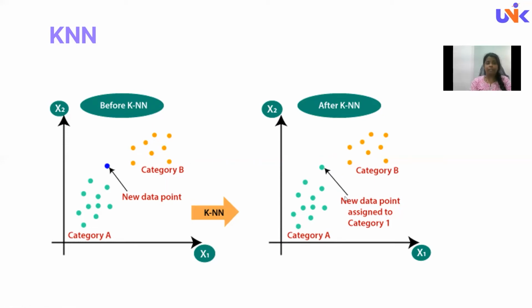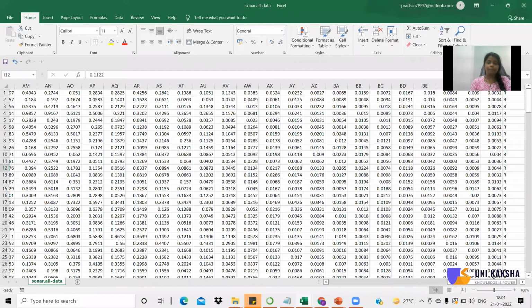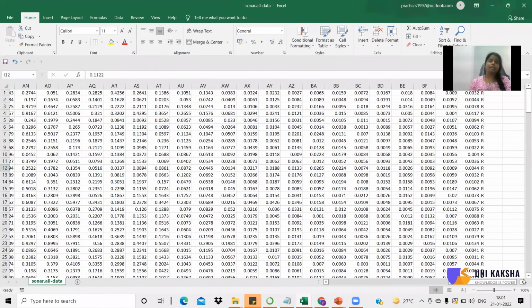So how would the data for k nearest neighbor look like? Let me show you one very simple data set related to k nearest neighbor. As you can see, this data is about the mining industry. In mining, before starting the mining, if we come to know whether there actually exists some kind of mine, such as gold or something, or whether it is simply a rock, it saves a lot of cost and a lot of human effort.